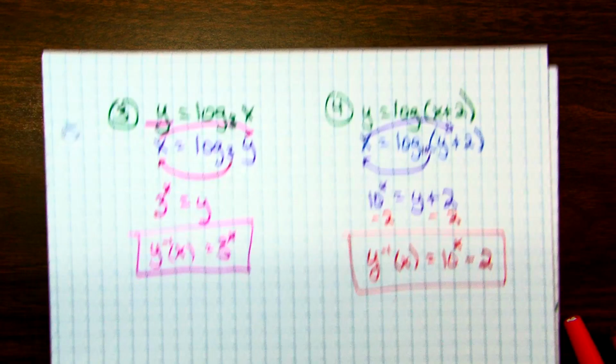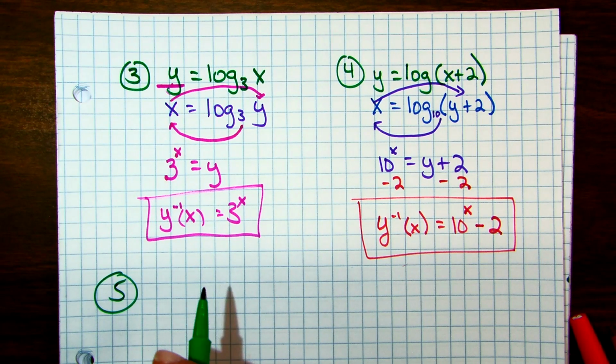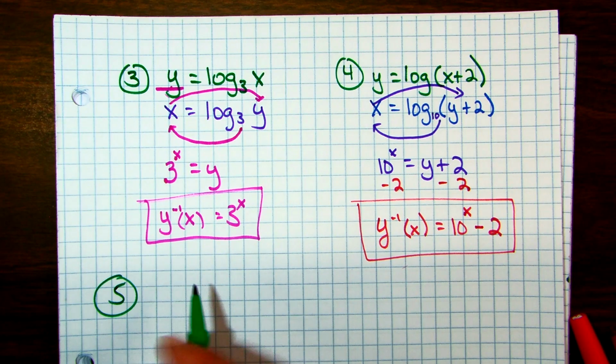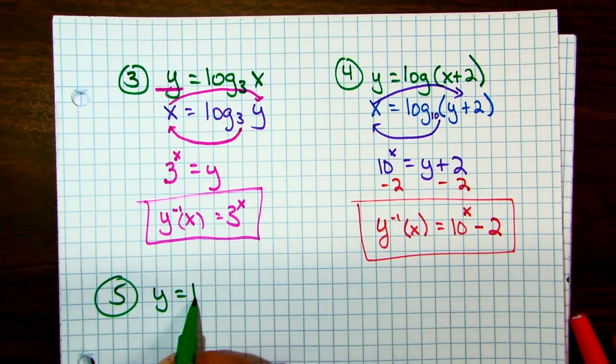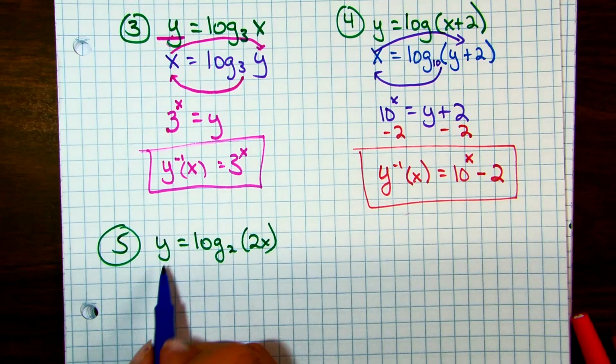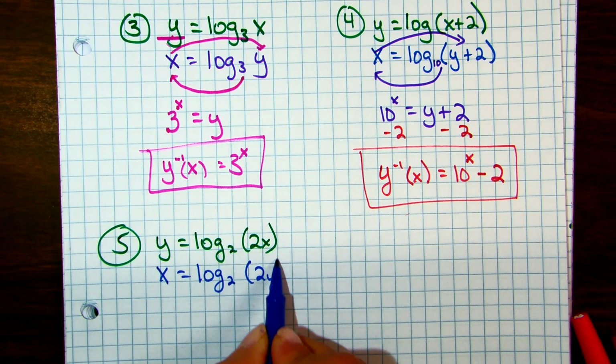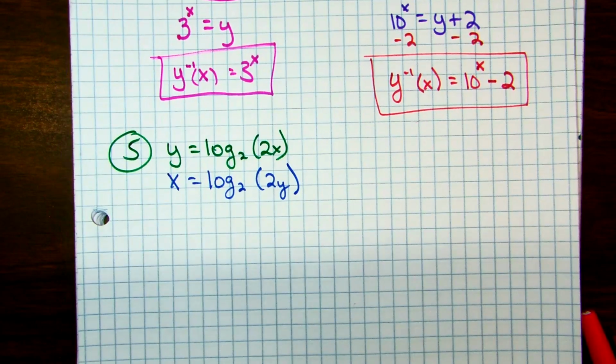I'll just do one more, and then I will be quiet. And the reason I wanted to get to 5 is there's something in it that some students could find challenging. There you are. So here's what's given. Switch x and y. And solve for y.